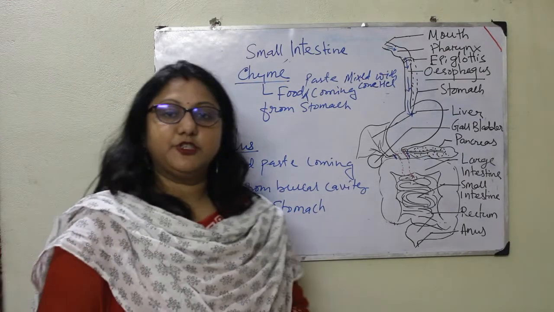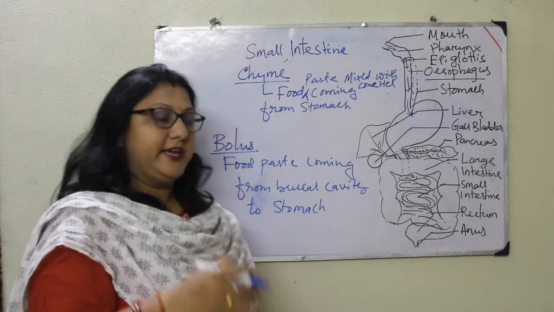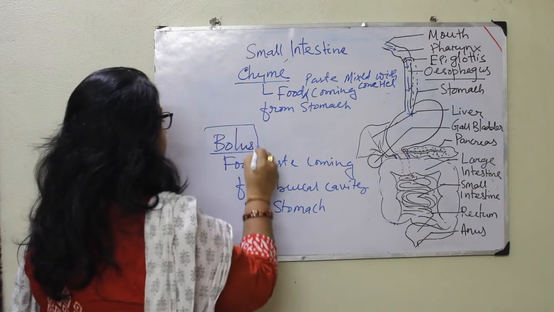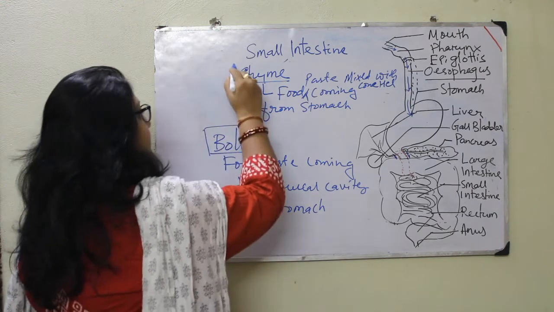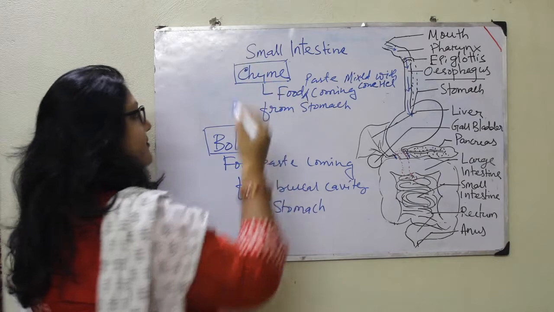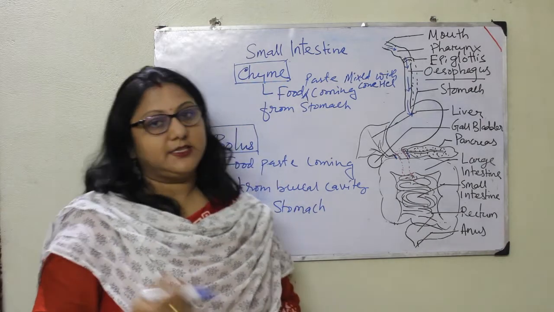The food coming from the buccal cavity to the stomach is called bolus. The food paste which comes from the stomach to the small intestine is called chyme.